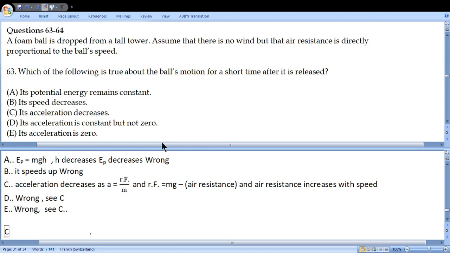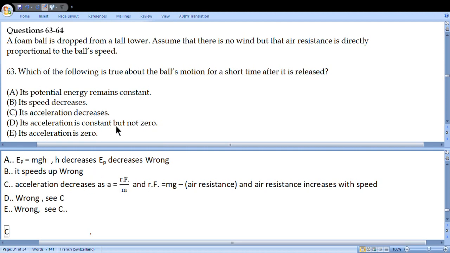So speed for sure speeds up. Acceleration decreases as acceleration equals resultant force over mass, and the resultant force is mg minus air resistance. Air resistance increases with speed, so the resultant force decreases and acceleration decreases. So C is true.